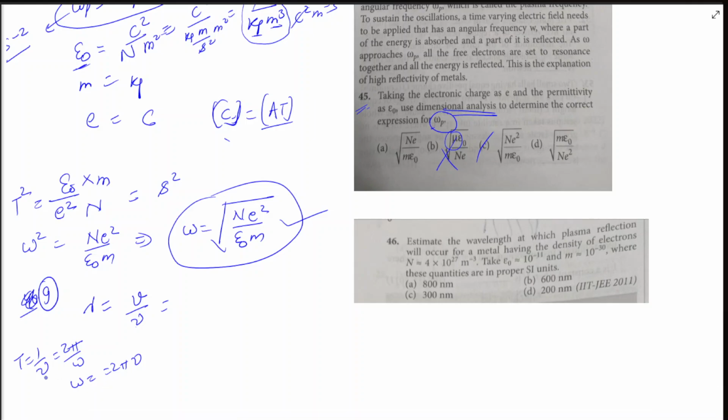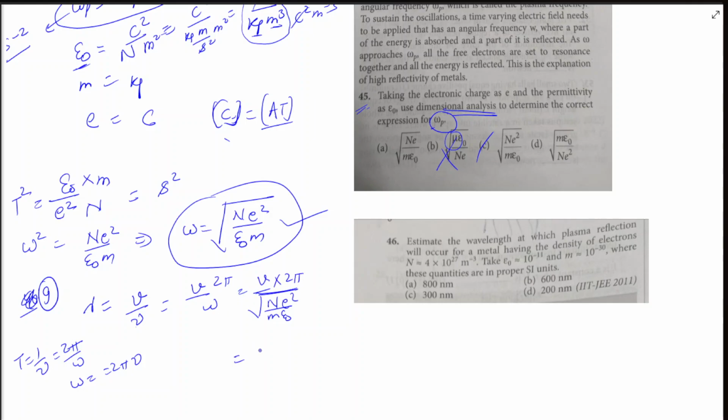So nu will be omega by 2 pi. So 2 pi will come up and omega will be here. So v by omega, root n e square upon m epsilon naught, into 2 pi, right?